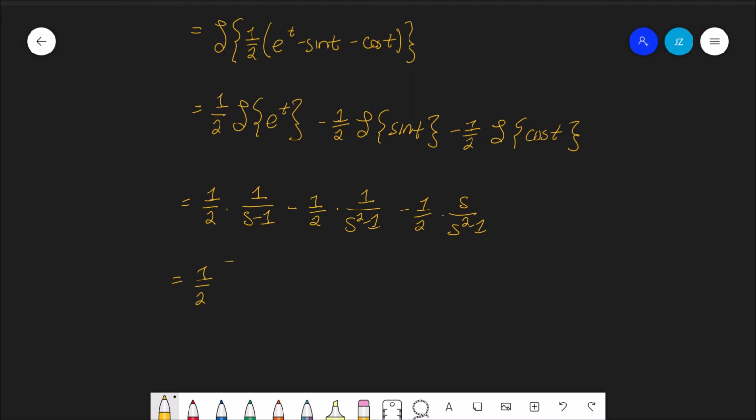So it's a half times 1 over s minus 1, minus 1 over s squared plus 1, minus s over s squared plus 1. So we get a half times s plus 1 minus 1 minus s.